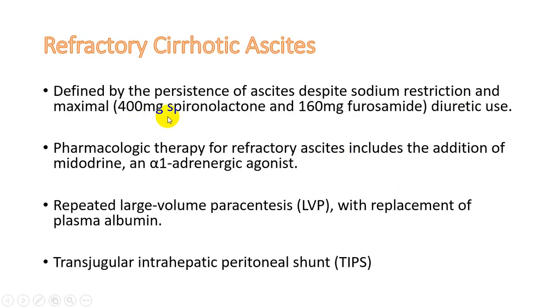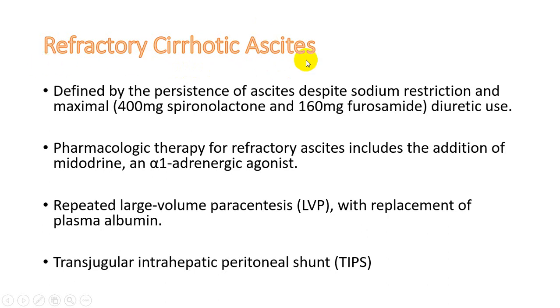If the dose of spironolactone reaches a maximum of 400 and furosemide a maximum of 160, and ascites is still huge, not responding to diuretic therapy, this signifies refractory cirrhotic ascites.